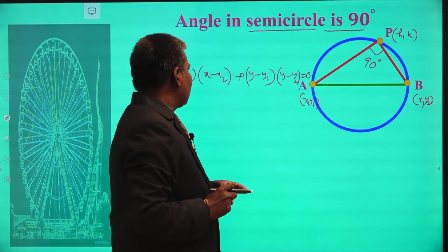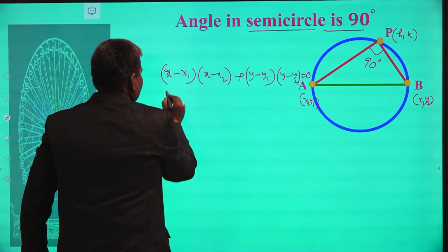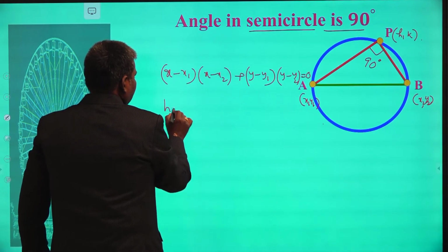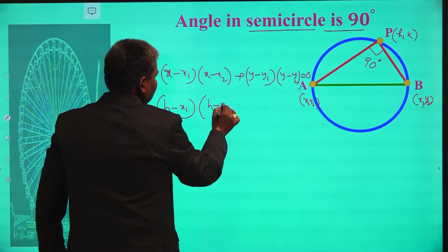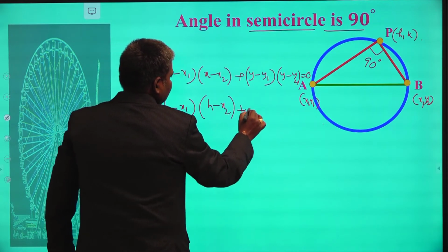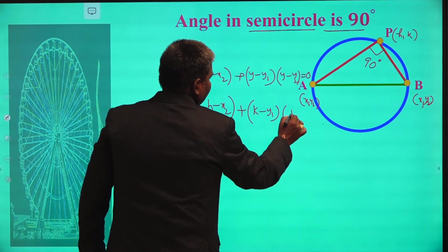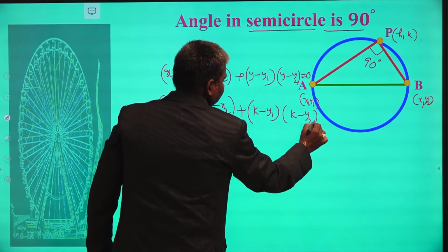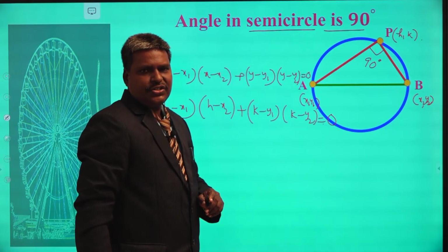(h, k). Now, does (h, k) lie on the circle or not? Substitute h, k for x and y: (h - x1)(h - x2) + (k - y1)(k - y2) = 0. This is the condition.